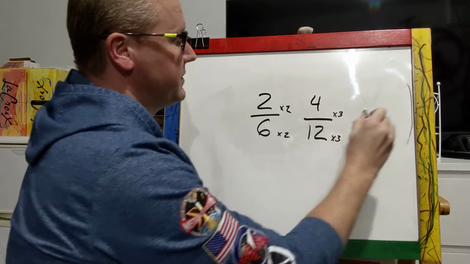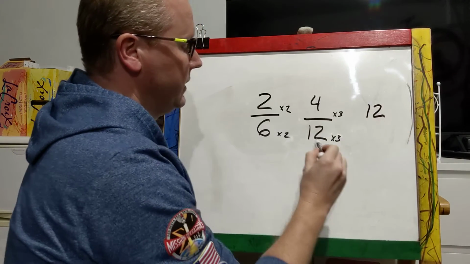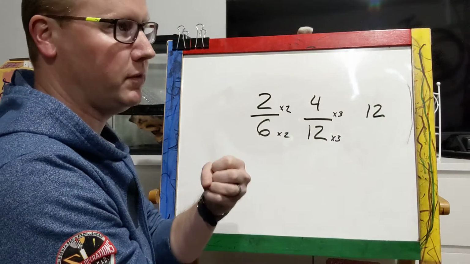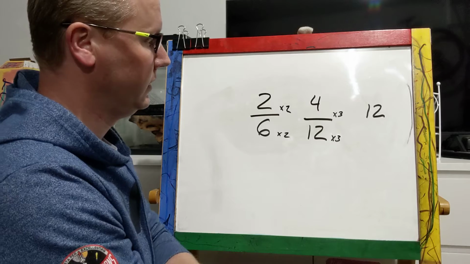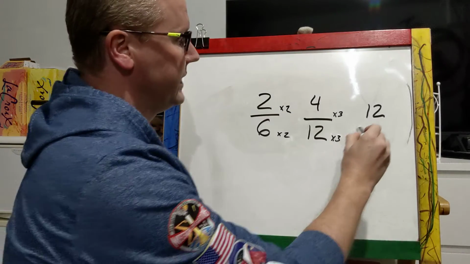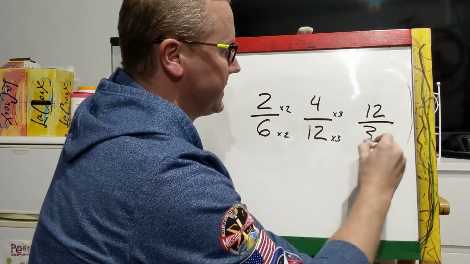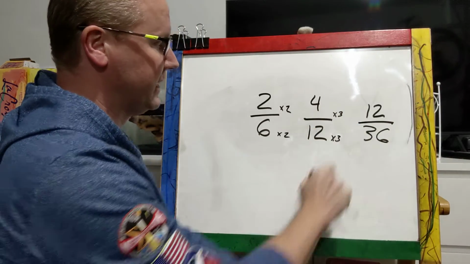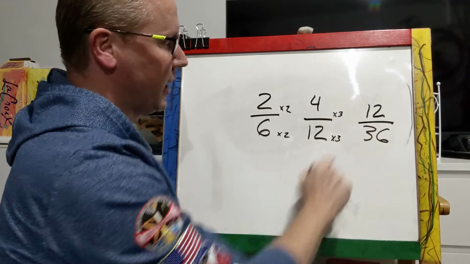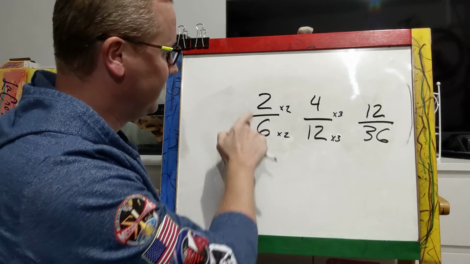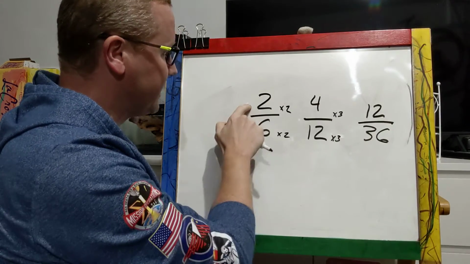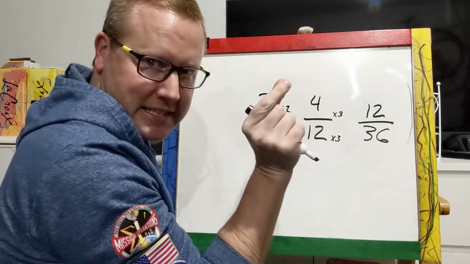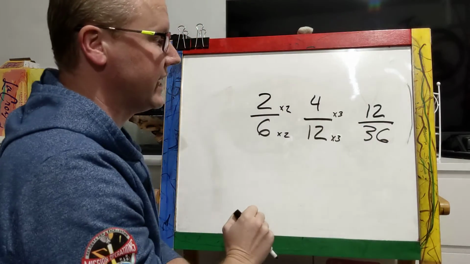So 4 times 3 is 12, and 12 times 3 is 36, so this is an equivalent fraction to 4/12. It's just these numbers are bigger. So if you cut up a pizza into 6 pieces and ate 2 of them, that's the exact same as cutting up a pizza into 36 pieces but eating 12 slices.